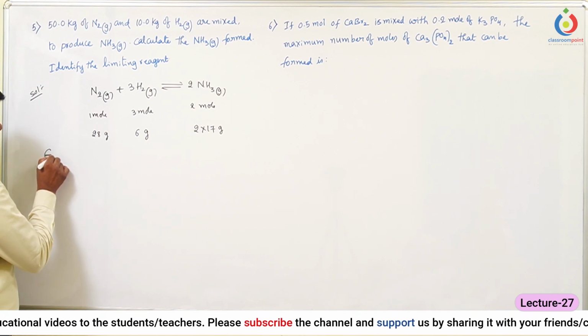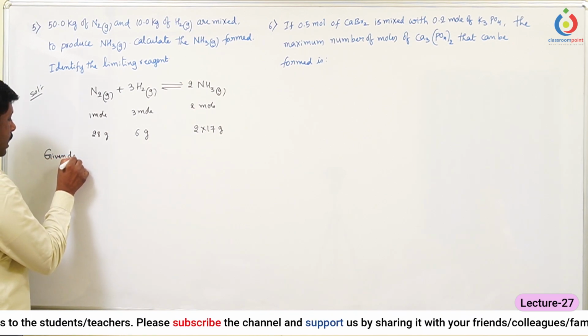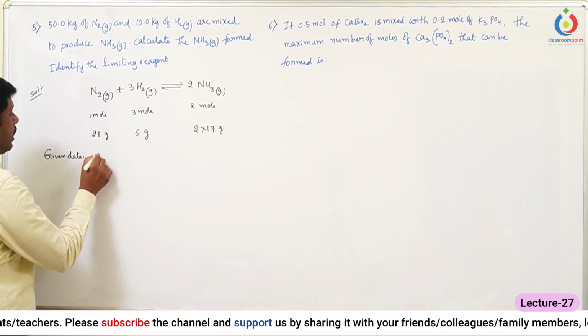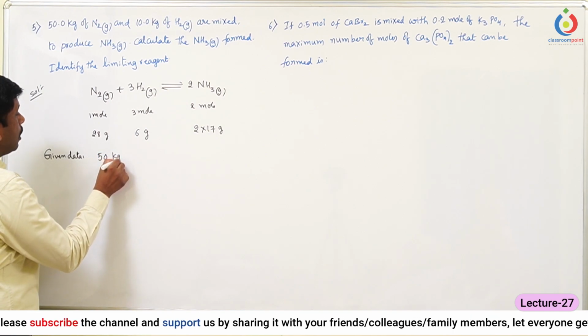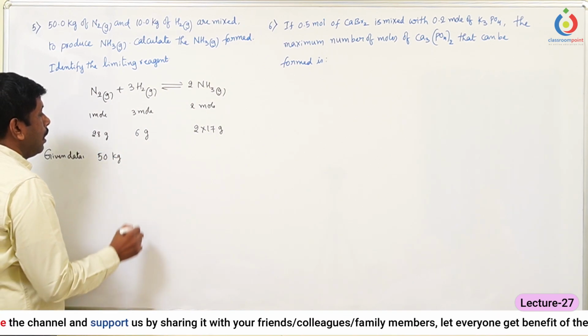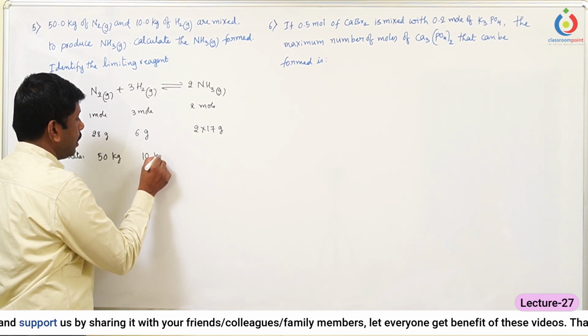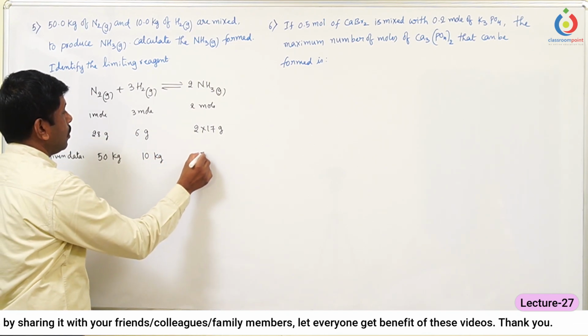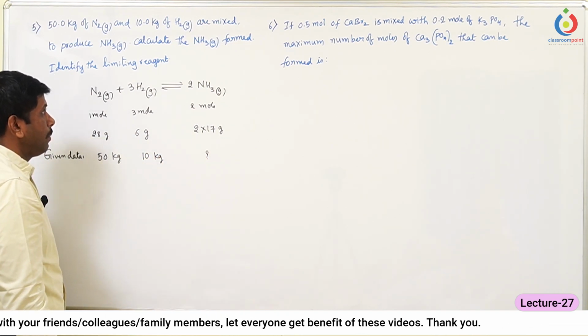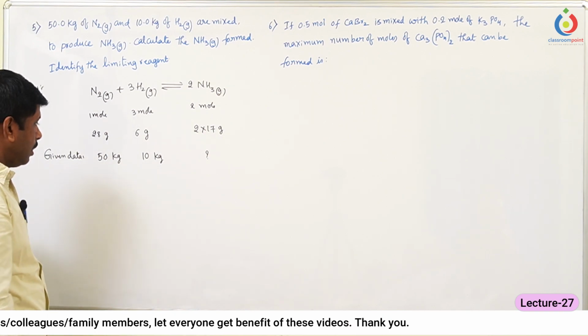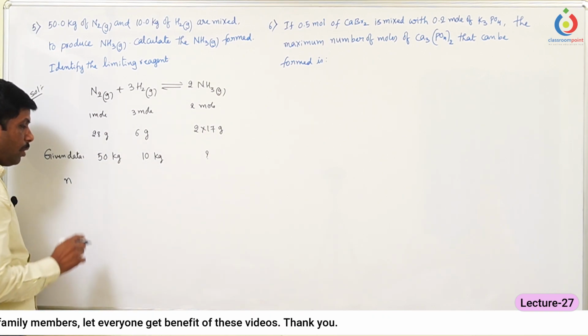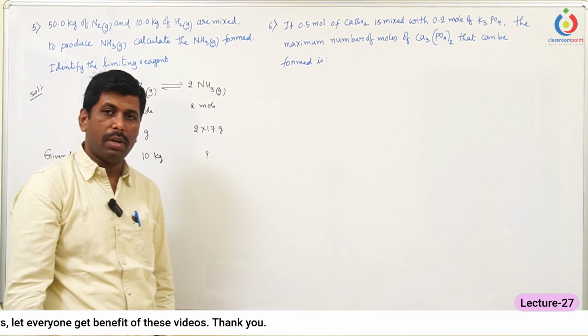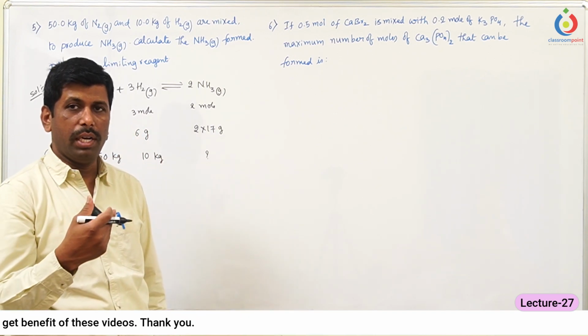So what is the given data here? Given data is 50 kg of nitrogen and 10 kg of hydrogen reacting. How much ammonia will be produced, and what is the limiting reagent? So find out the number of moles of both reactants. How to find the number of moles? Mass by molecular mass.